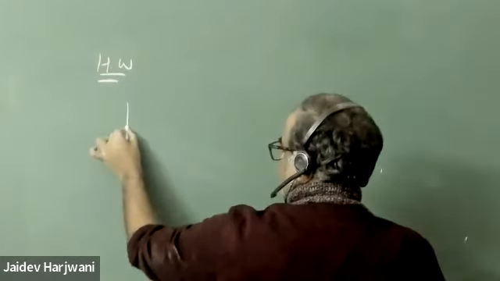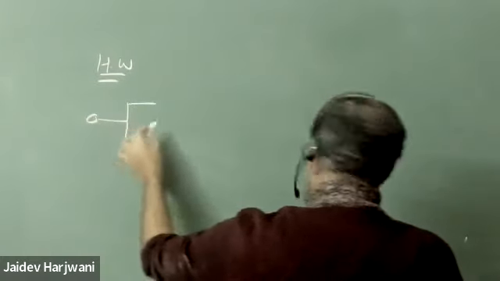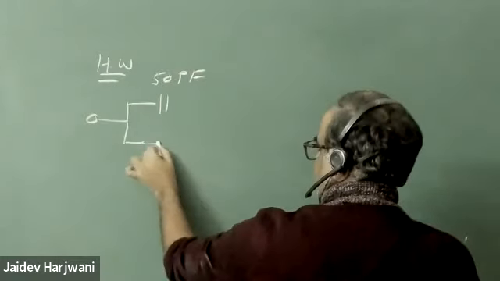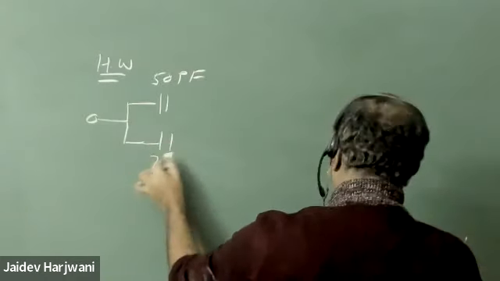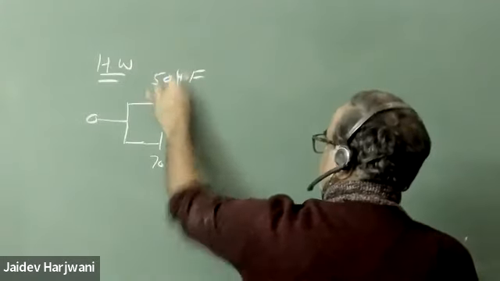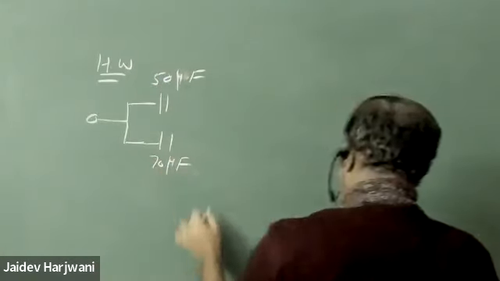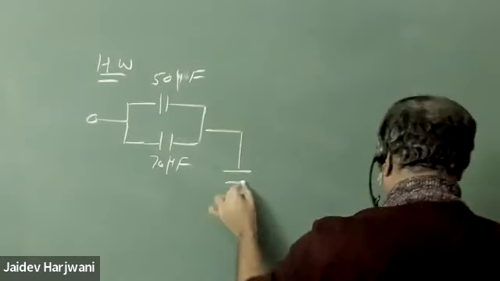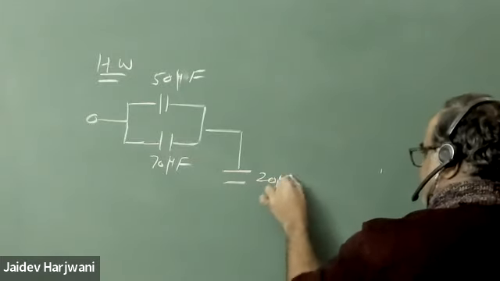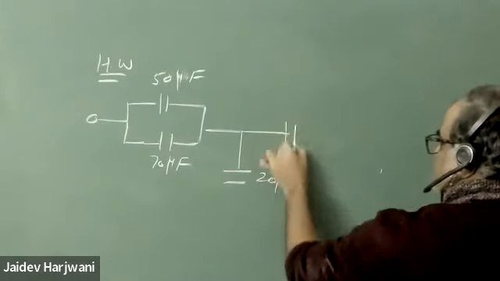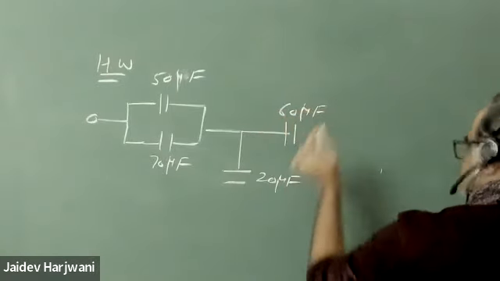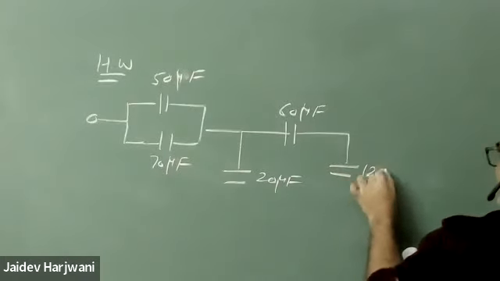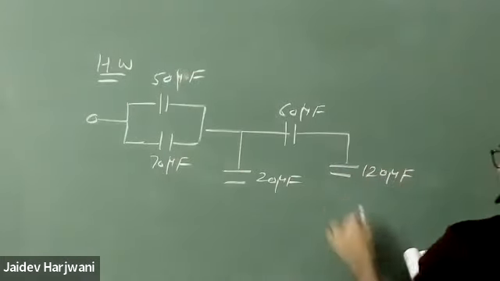So you have a capacitor, say this 50 picofarad. Then you have 70 microfarad only. Okay. Then you have here 20 microfarad, 60 microfarad, and this becomes 120 microfarad.